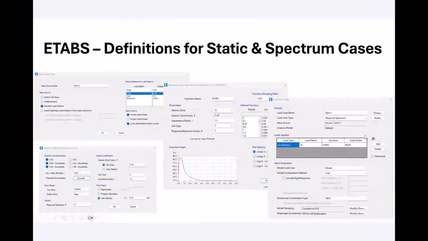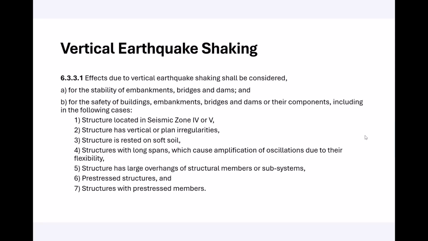So these are the definitions for the static and the spectrum cases. Next one is the vertical shaking. So the code is guiding you when to consider the vertical shaking. In zone 4 and 5, it is mandatory to consider.